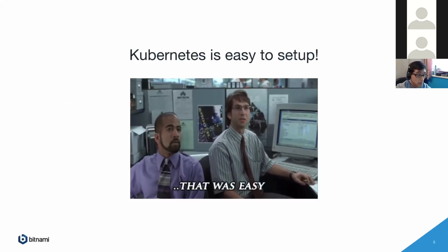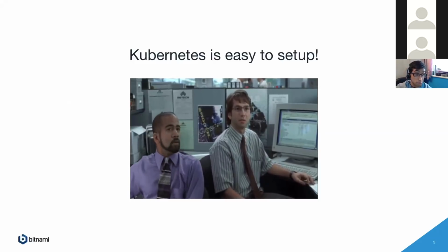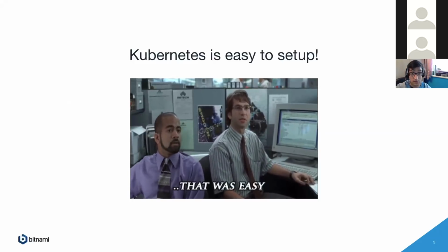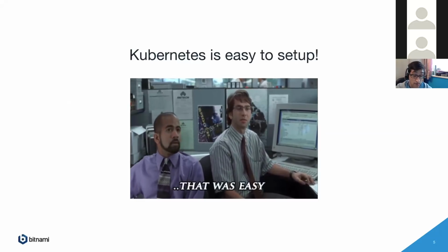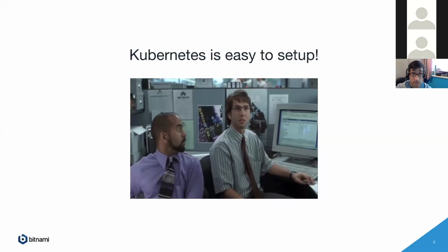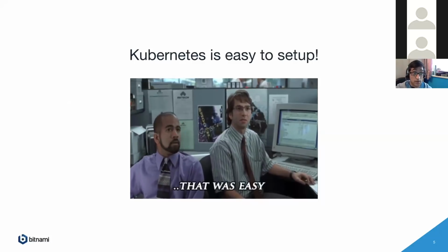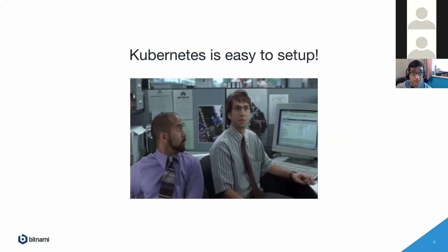On my local machine, I have Minikube. I can just run minikube start, and that sets up a cluster for me. Also recently, Docker for Mac and Docker for Windows have added support for Kubernetes as well, at least if you're using the beta Edge version. So it's incredibly easy to get Kubernetes up and running today and start using it.